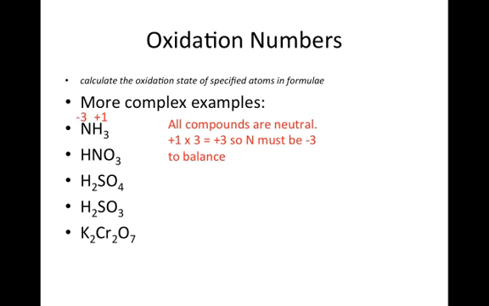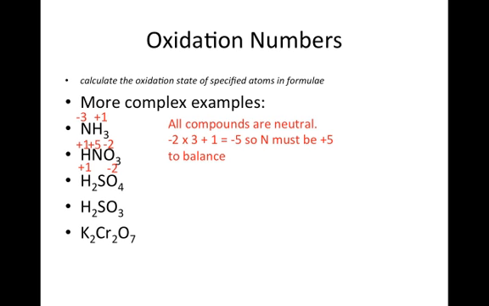Okay, so the next compound: hydrogen nearly always +1, oxygen pretty much always -2. So, in order to balance out, nitrogen must be +5. The next compound is quite similar. Hydrogen +1, oxygen -2.